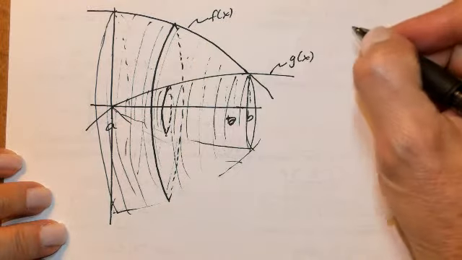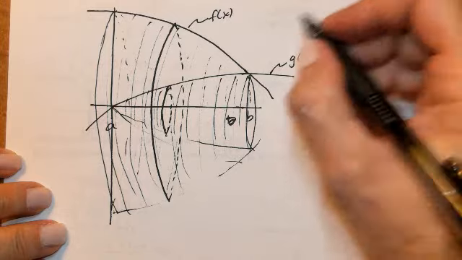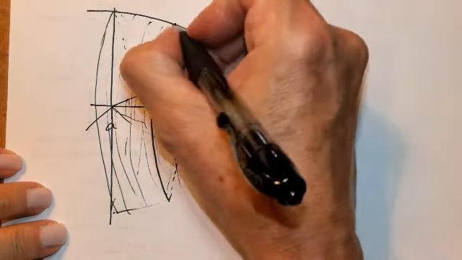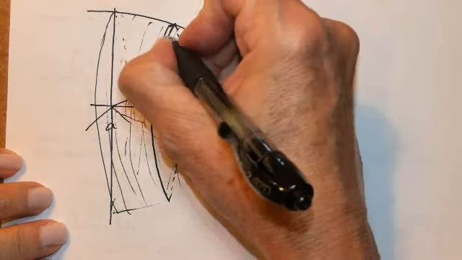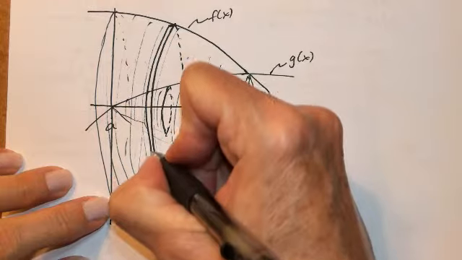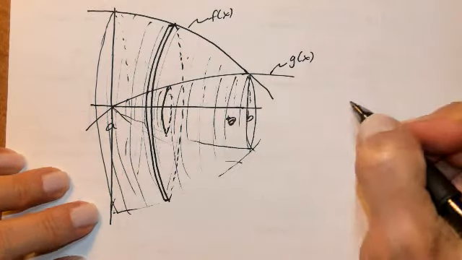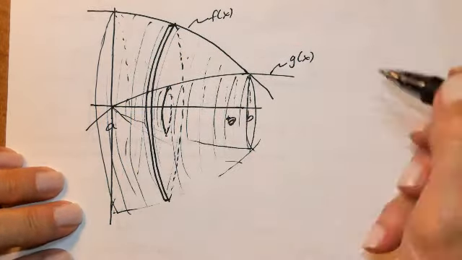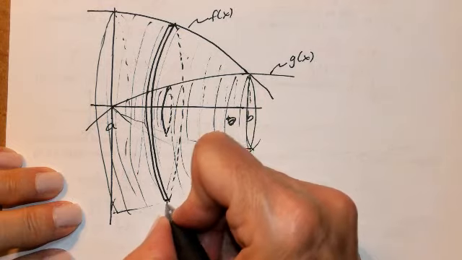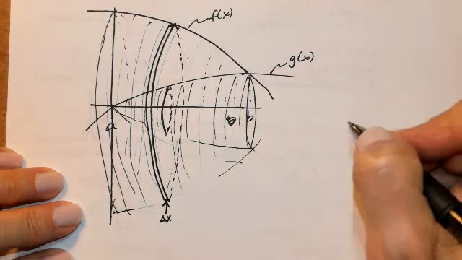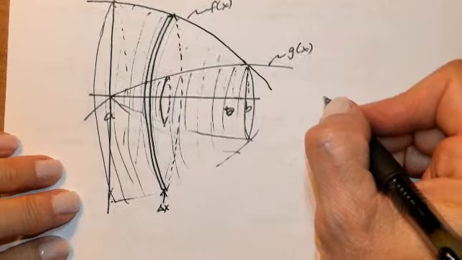And then if we give this washer a little bit of thickness, then we can find the volume of that washer. The thickness is going to be delta x, right?